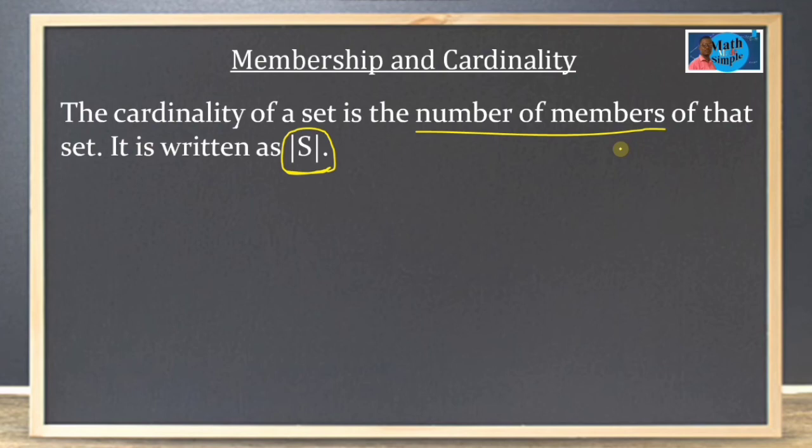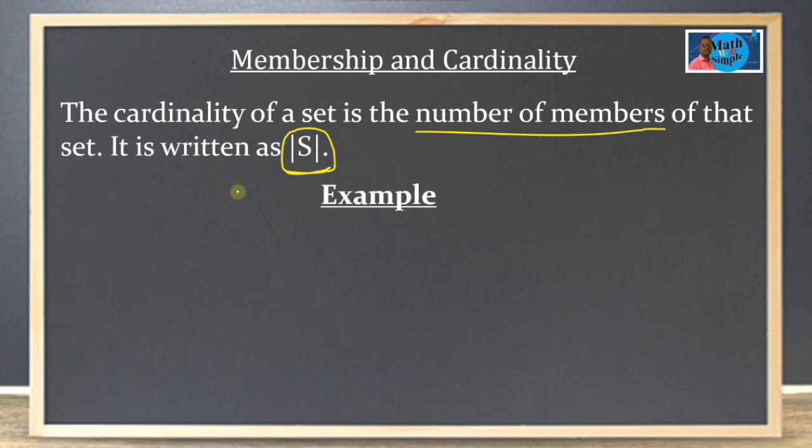So the cardinality is not about the identity of the individual members. No, the cardinality is talking about the total number of members of that set. So we should understand this. That's the difference between cardinality and membership. Membership has to do with the identity of these members, and cardinality has to do with the collection of them. How many are there in the set?